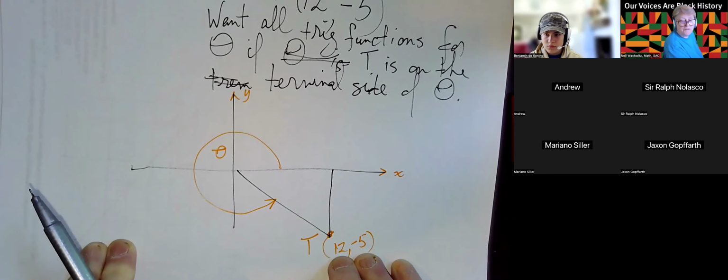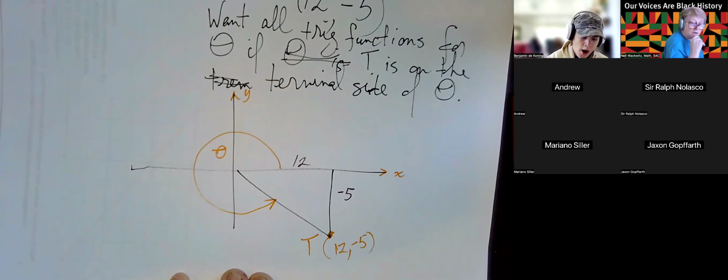So if we look at the coordinate, 12 is equal to x and -5 is equal to y. Good. And do you see that the negative is just indicating that the 5 is going down? Yes. I want you to start thinking about Pythagorean triples.